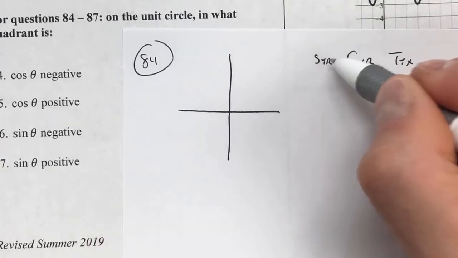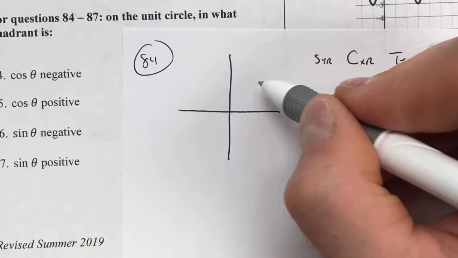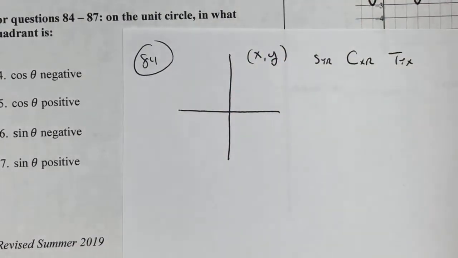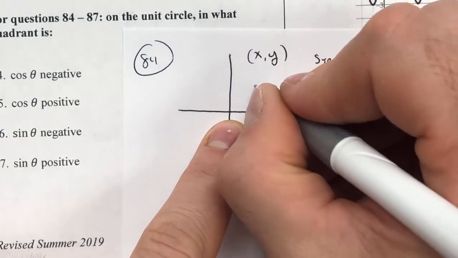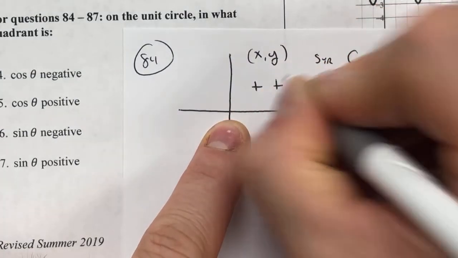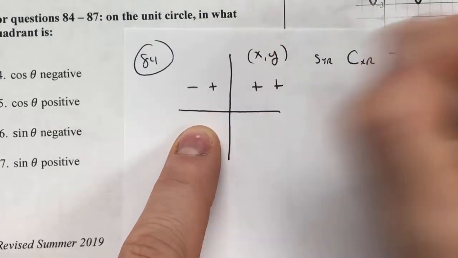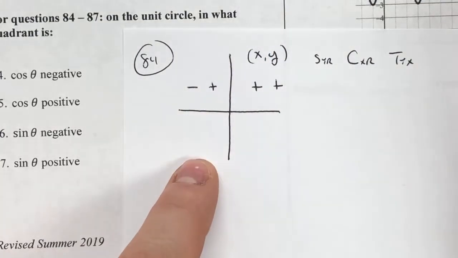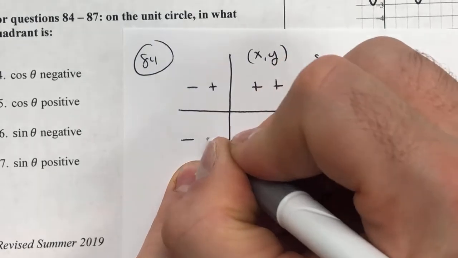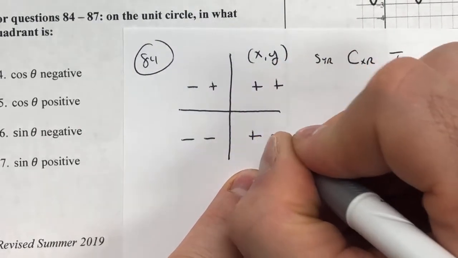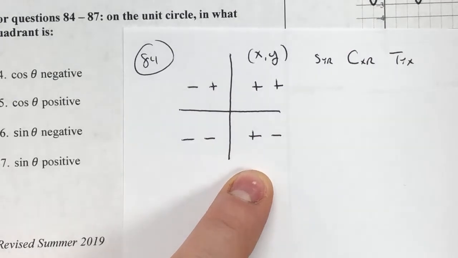I know the sine is y over the r value, so I'm going to look at the signs of my x's and my y's and see what's up. In this case, I have a positive x and a positive y. In this case, my y is positive, my x is negative. Down here, they're both negative, -x, -y. Here, my x is positive, but my y is negative.